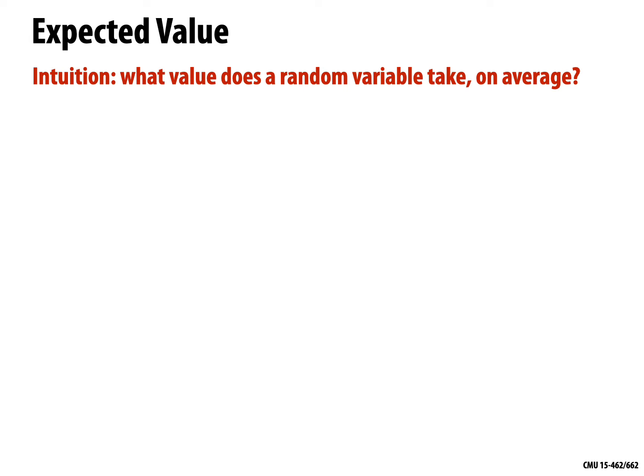All right. So, basic concept in probability is the expected value. The intuitive idea to remember whenever somebody says expected value is what value does the random variable take on average? If I keep getting values out of this random variable, what will the average value be?